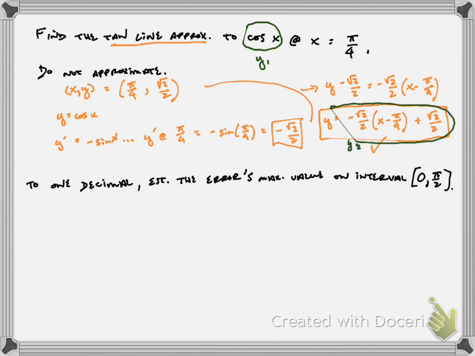And we know, as I mentioned in the previous example, that the cosine of x is approximately equal to this line when near pi over 4. Graph it from 0 to pi over 2. Keep in mind that pi over 4 falls exactly at the midpoint of that interval, and you'll see what I'm talking about.